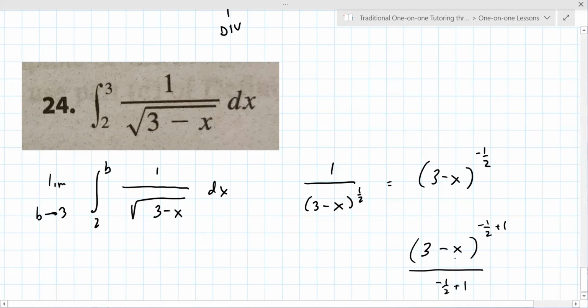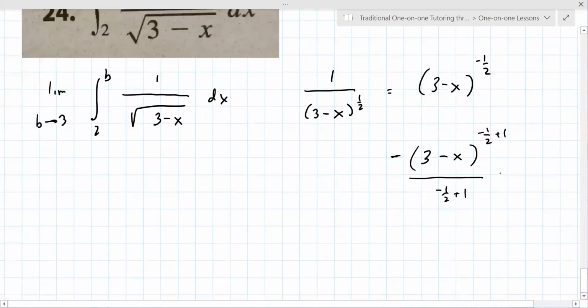But because the inside function has a chain rule derivative, you have to put a negative on the outside, whatever it is. If that doesn't make sense, let's just carry it through. On the bottom, this becomes 1/2. So that's negative 2 times (3 minus x) to the 1/2. So this is our answer.